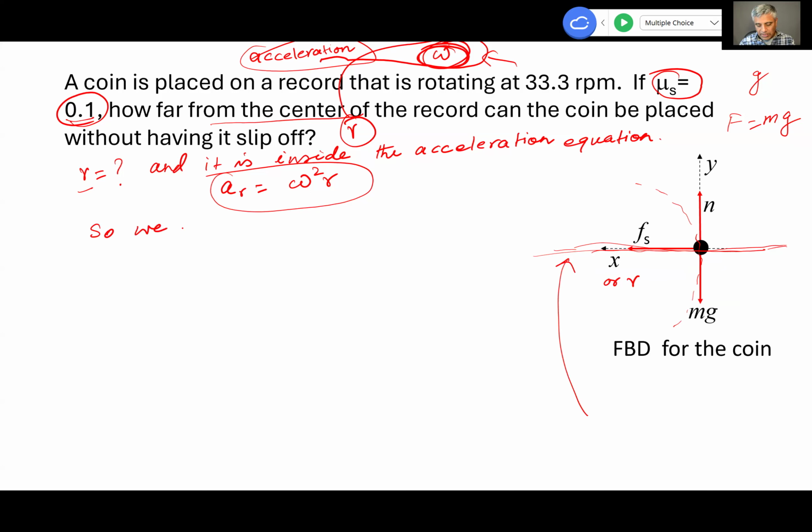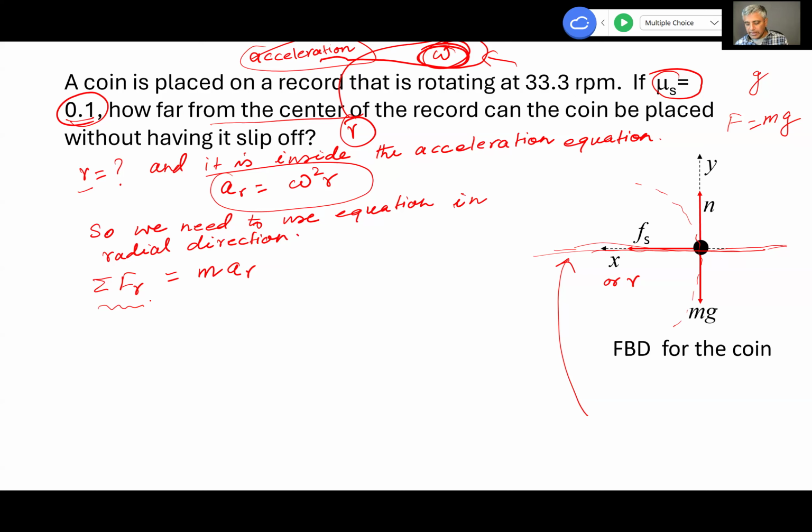So we need to use the equation in the radial direction. That means the sum of forces along the radial direction is equal to mass times acceleration in the radial direction. So that's the formula. So how many forces are there in the radial direction in our free body diagram? Can you see that? How many forces are there? 1, 2, 3. Can you type that?